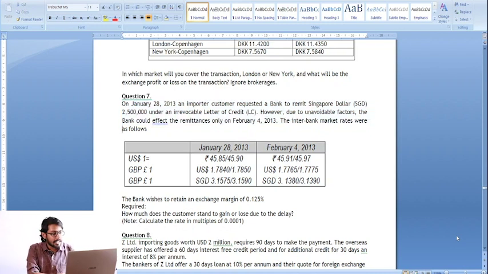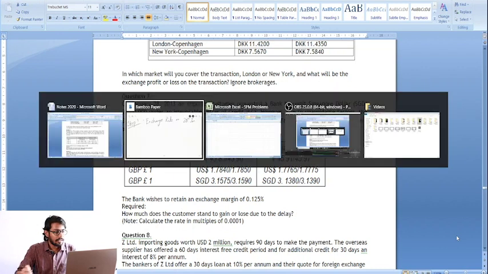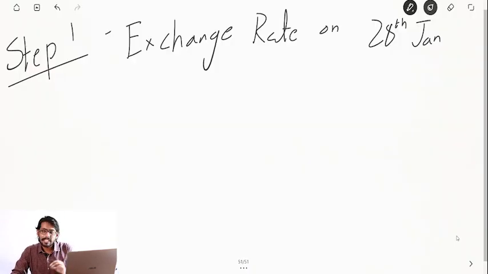Let's see, what is the exchange rate on 28th January? Rupee by Singapore dollar. Let's try taking the direct quote as much as possible. There is one thing I told you, I forgot to mention in direct quote. After this question, I will do it. Please remind me.